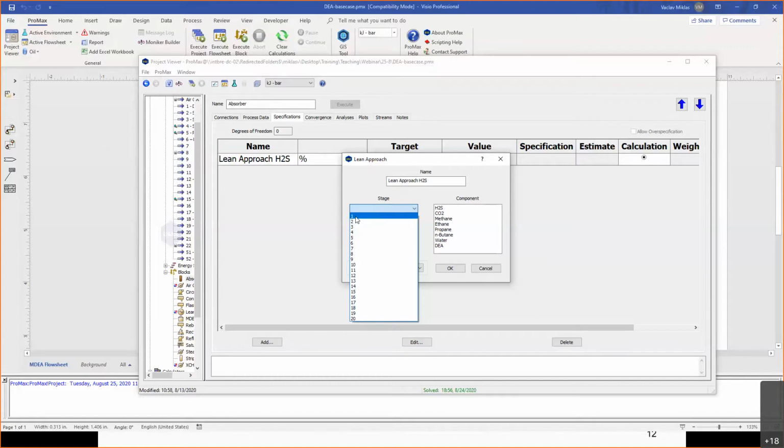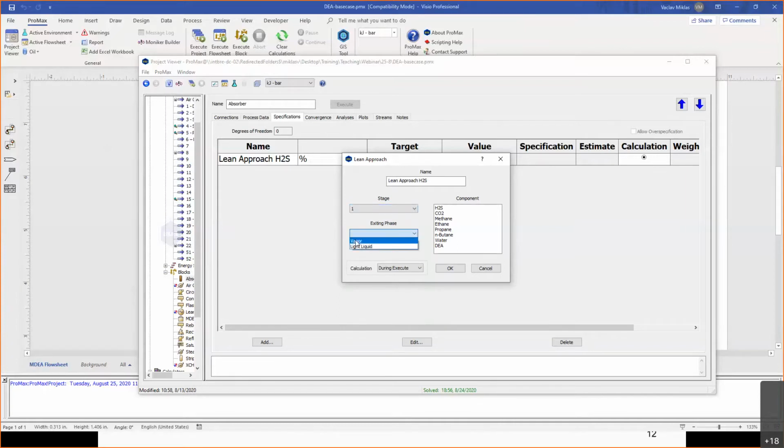Sometimes you might have top-down numbers of your stages, so the top stage can actually be 20. Don't get confused: what's at the top in this drop-down is also at the top in the column. So I am sure that stage number 1 is my top stage.